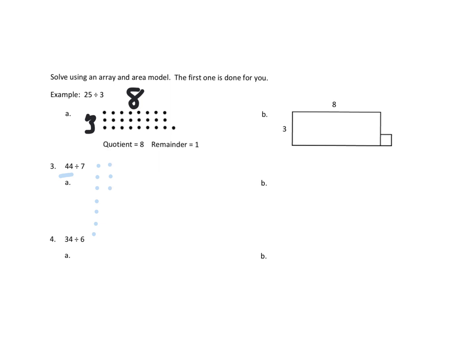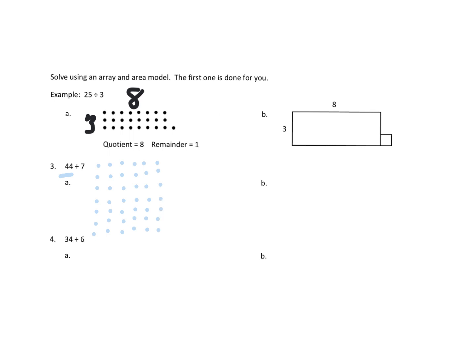So there's 1, 2, 3, 4, 5, 6, 7, which is 14 dots. 21 dots. 28 dots, and I'm just skip counting by 7s. And then 35 dots.